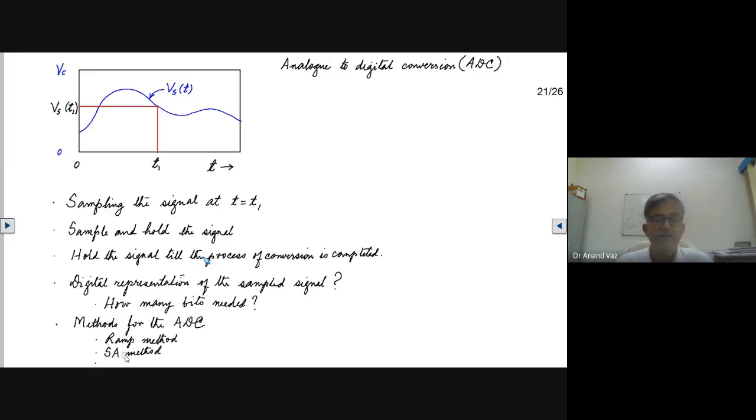And we have a very fast method, an instant method, which is called the flash conversion method, the flash ADC method.